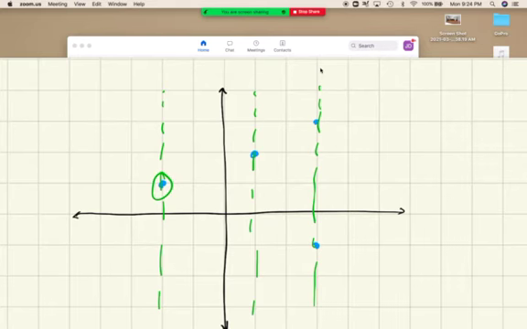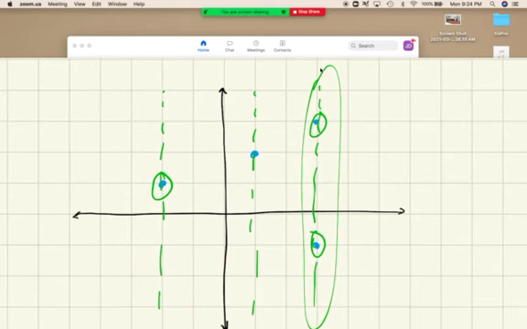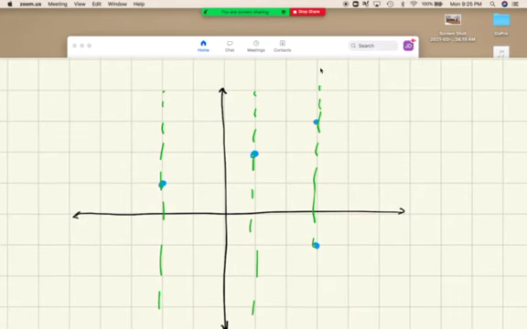So here it works because this vertical line only touches one thing at a time. Here it works because it touches one point at a time. Here, this vertical line touches more than one thing. So that means this function, which is just the blue dots, is actually not a function because it fails the vertical line test. Oh, okay.